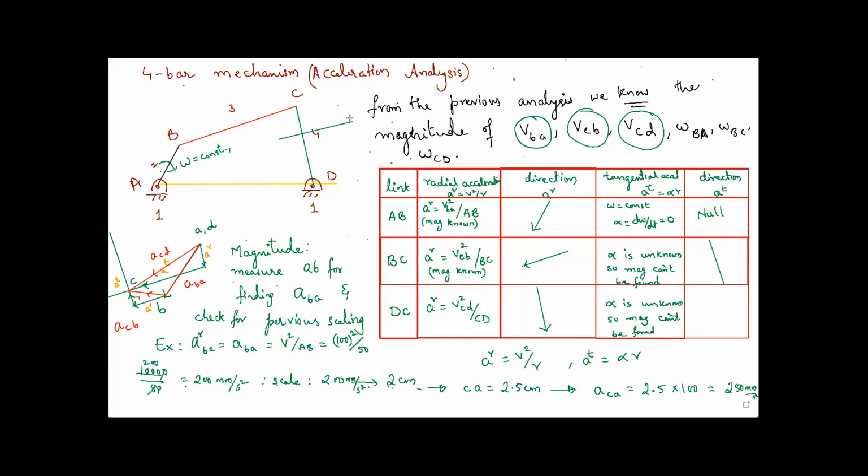Perpendicular to this, which comes here. Let's make it smaller to fit into the diagram. And arrows also can be mentioned now, because in the main acceleration diagram we have mentioned all the arrows. For the CD link, we have taken this direction, and for BC you have taken this direction. Now the diagram is complete.